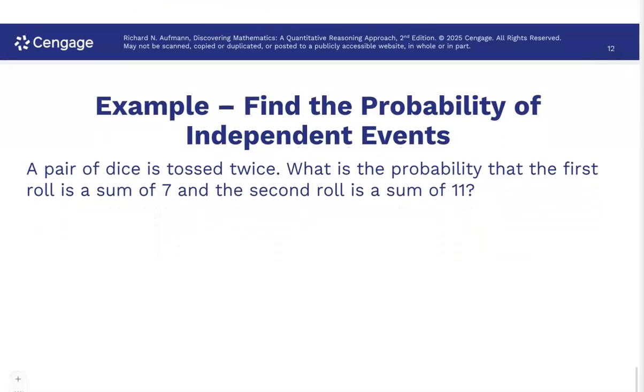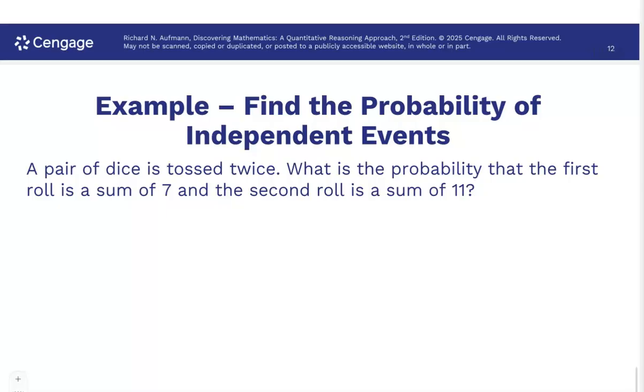Dice is a great example to illustrate this because if I roll two dice, they're independent events because the first roll doesn't affect what happens the second roll. It's always going to be completely random. So a pair of dice is tossed twice.